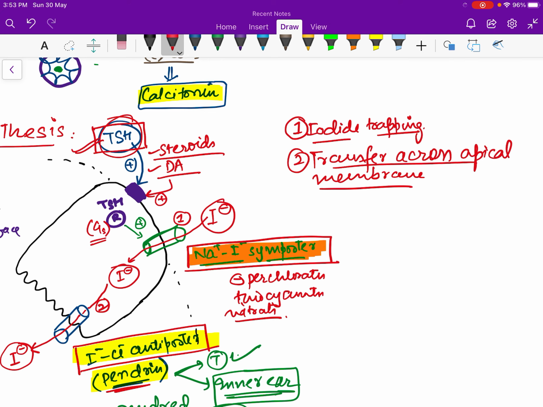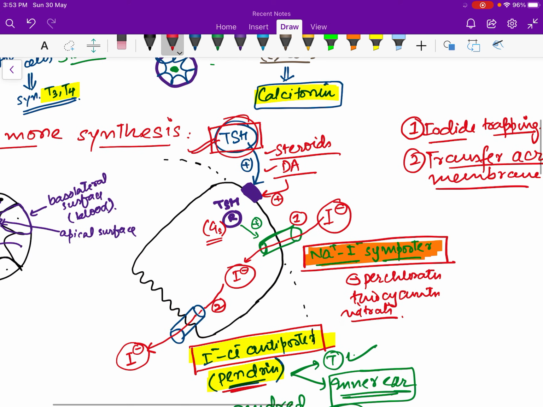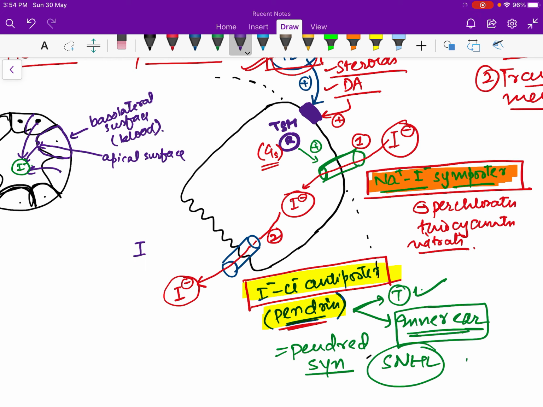Now after this, there will be organification, which means that from these iodide ions there will be formation of iodine. For this, certain enzymes are required which are present in the membrane of this cell on the apical side. This is called thyroid peroxidase, TPO.